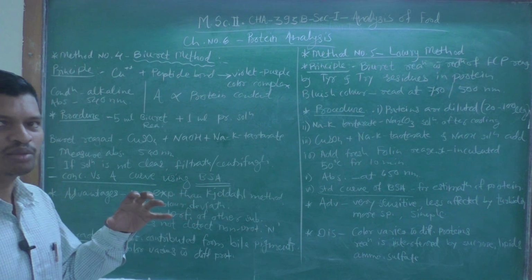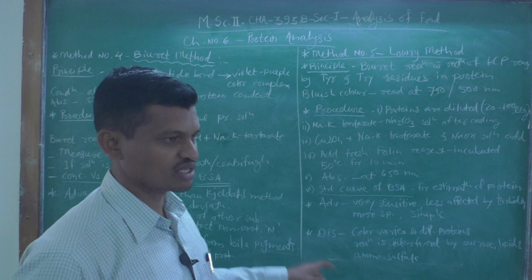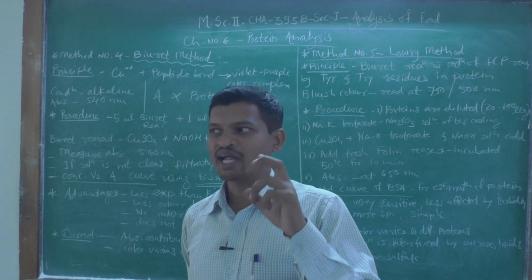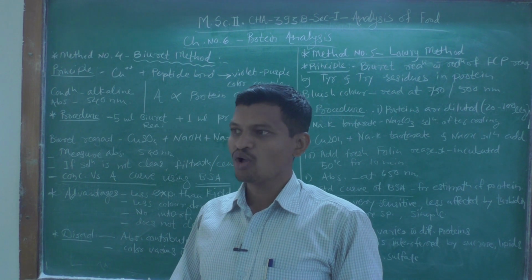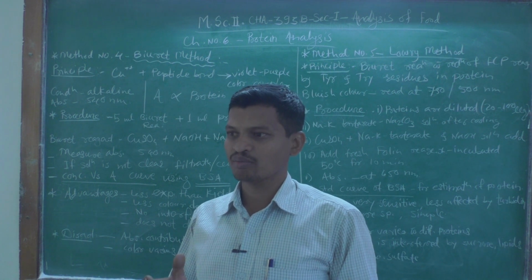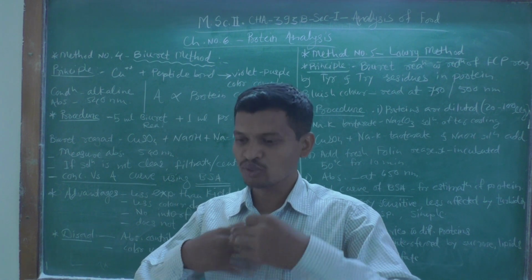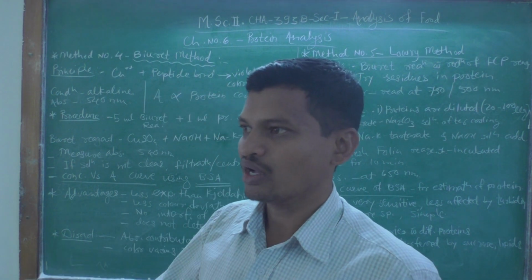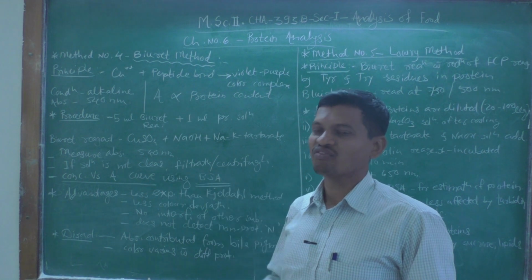Then, it does not detect non-proteinous nitrogen. This is one of the most important advantages. As we have seen, in the Gel-Dal method and the nitrogen combustion method, the second and first methods, whatever nitrogen is present in our food sample, either in the proteinous or non-proteinous part, gets converted into nitrogen, and all the nitrogen is detected in the final analysis.